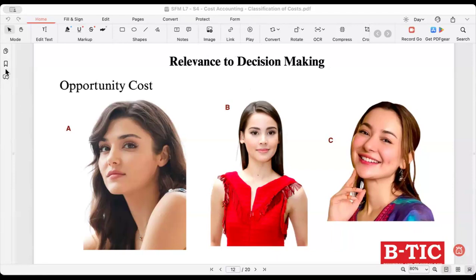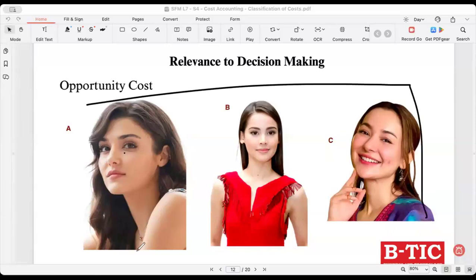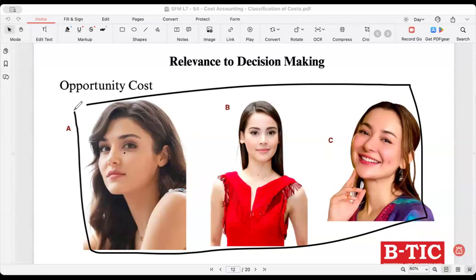So my point here is, you had the option of choosing any of them. But what was the condition? You can only choose one, because you can only get married to one, not all 3.